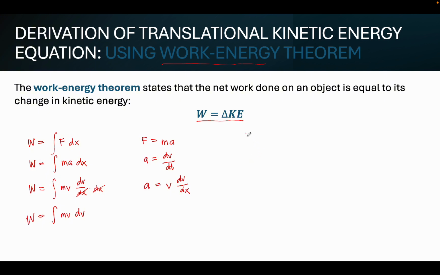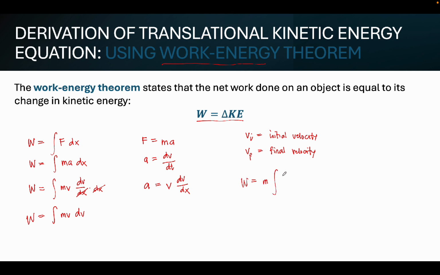So let's say our initial is vi. So this is our initial velocity. And vf is our final velocity. Okay, so if we evaluate the integral from initial to final velocity, what will happen? Let's continue here. Our work becomes, we can take out m, since m is constant.